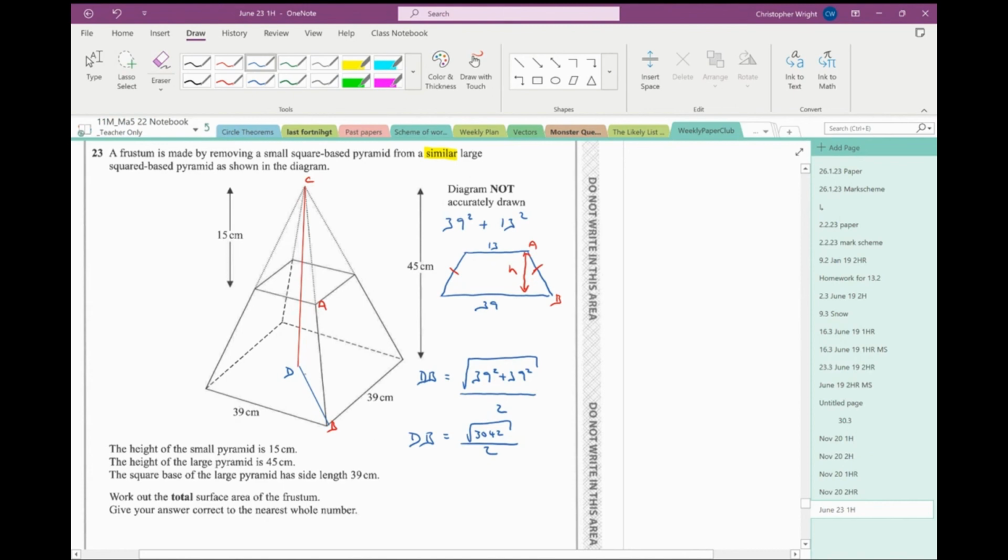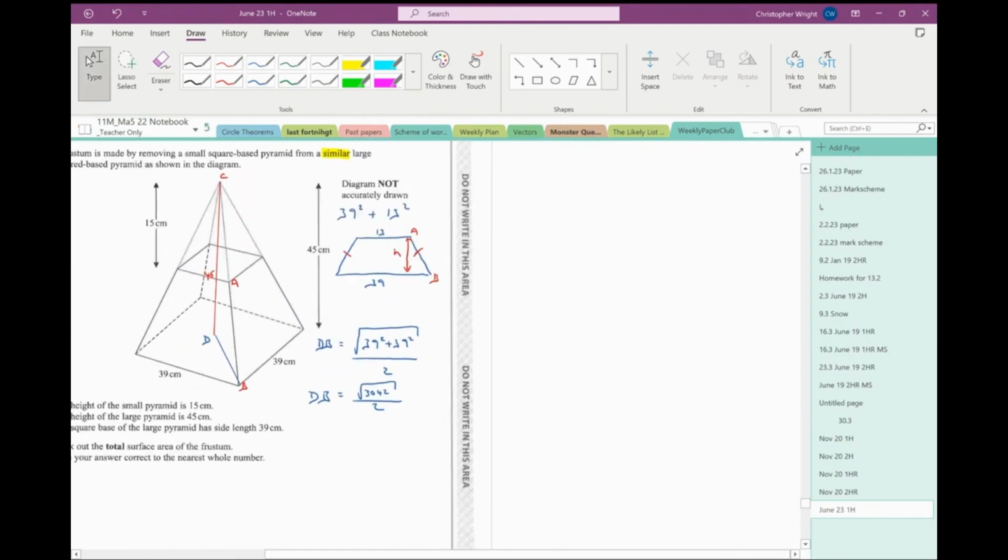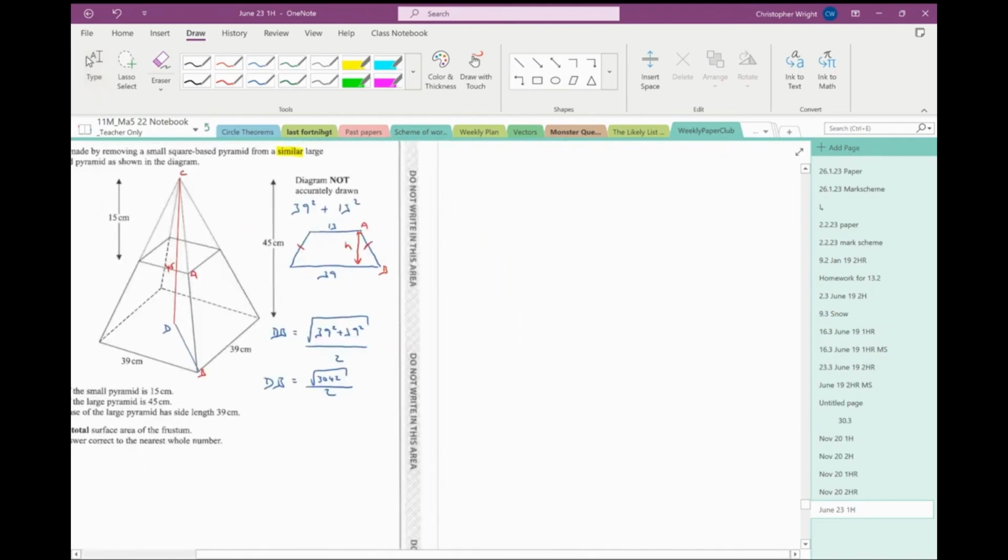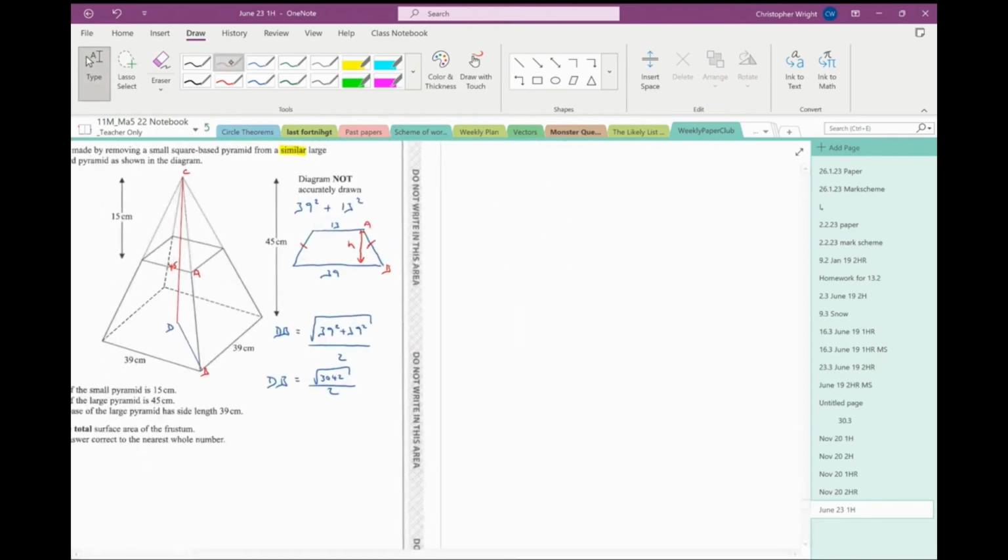Now, I'm going to need to use that to find the length CB. And of course, I've omitted to label in my diagram that CD is 45. So I can now find CB as it's the hypotenuse of that triangle. So CB squared will be DB squared, square root of 3042 over 2 squared, plus 45 squared.